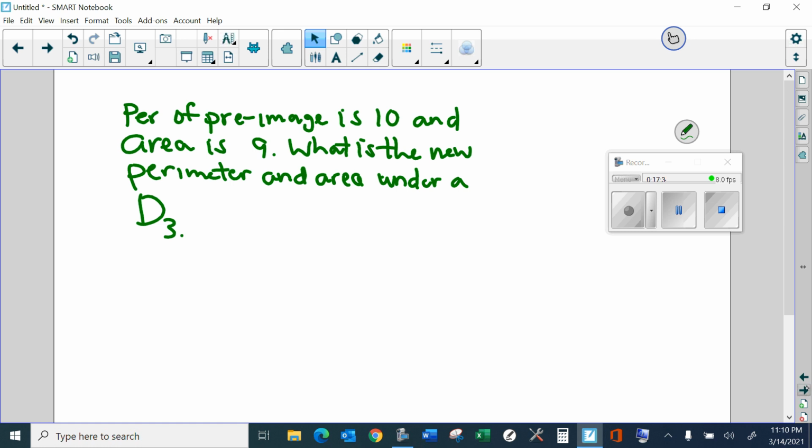Well, remember perimeter, that's degree 1. So when it's degree 1, all I do is take that answer, 10, and multiply it by that scale factor 3. So the new perimeter equals 30. Okay, new area though.